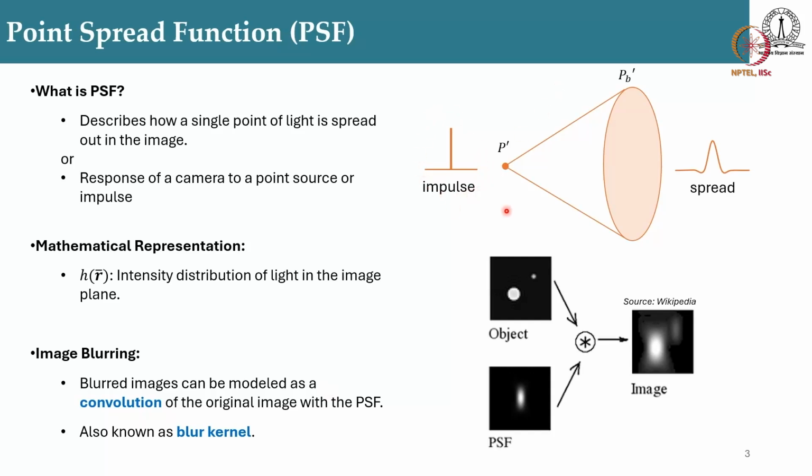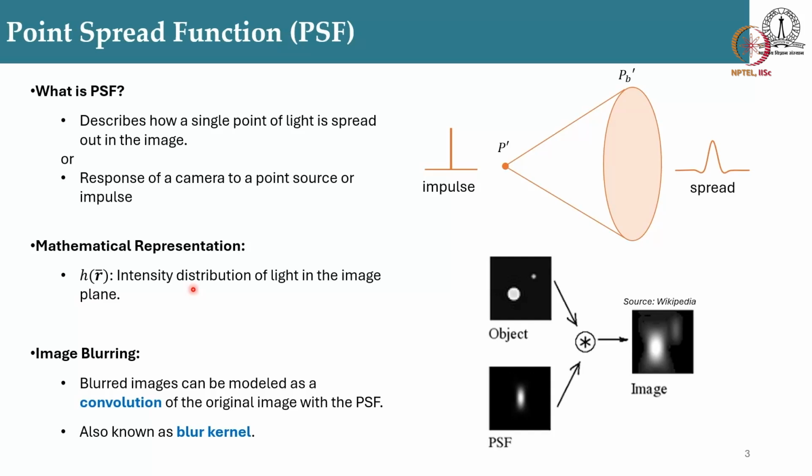When it passes through our optical system, it leads to a signal which is spread over an area. This point to area spread is defined by the point spread function. Mathematically, it can be represented as a spatial distribution of intensity in the image plane. That is how we can define the point spread function, and it is a very powerful tool if we want to describe image blurring.